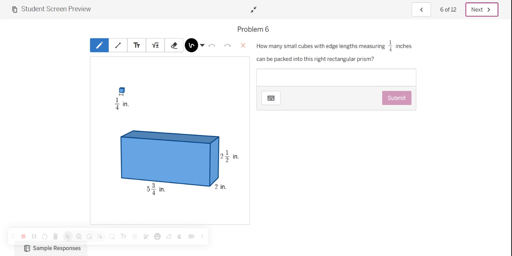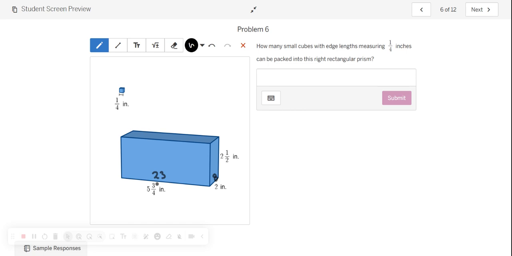Okay, so there's a couple ways to do this one problem. The first one, the easiest way I think, is actually counterintuitive. So you see how many 1/4 there are in 5 and 3/4. Well, in 5 there'd be 20 of those plus 3 more. This would be 23 little blocks wide. 2 would be 8 little blocks.